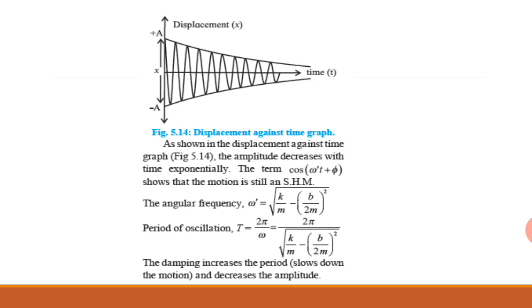The term cos(omega dash t plus phi) shows the motion is still simple harmonic motion, and the angular frequency is given, and the period of oscillation can be calculated with the help of this formula. The damping increases the period, slows down the motion and decreases the amplitude.